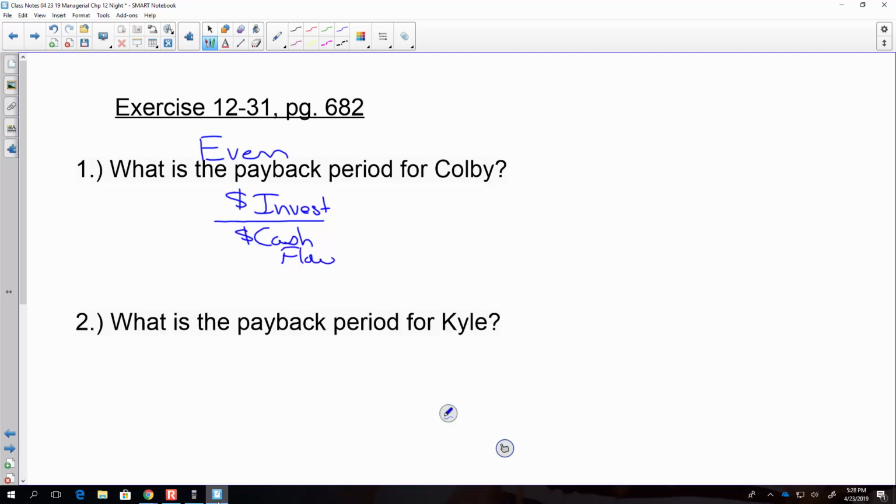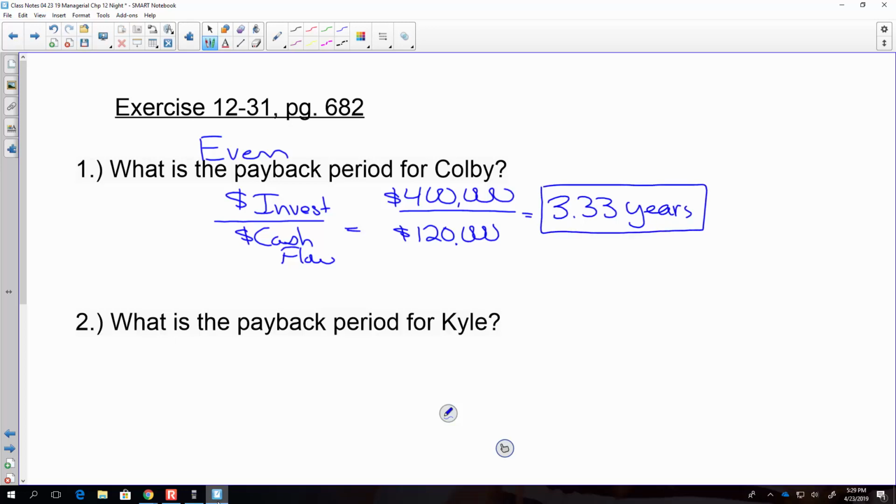And the investment in this case was $400,000, and the cash flow is $120,000. 3.33. And that's actually years. So in 3 1/3 years, basically, I should recover my investment, assuming, again, we estimate, right, that we have our 120,000 coming in every year.